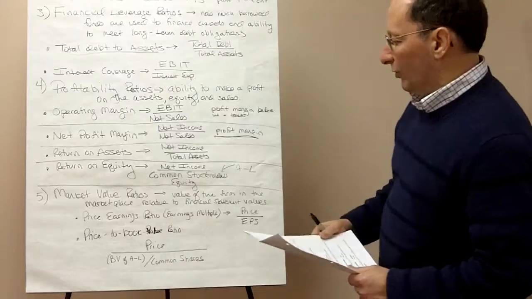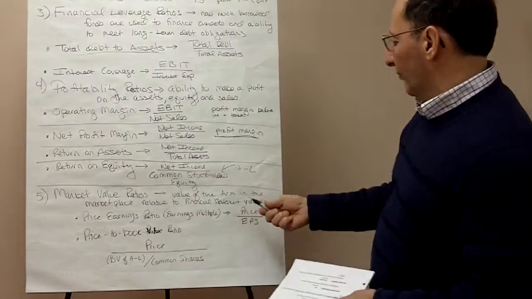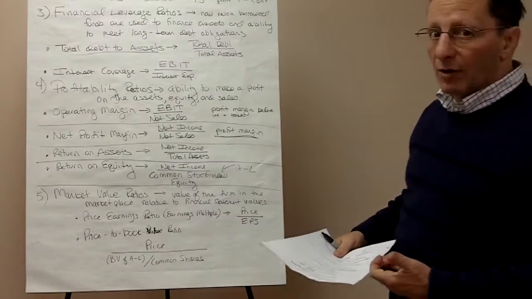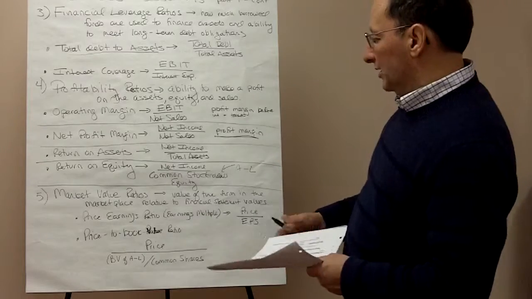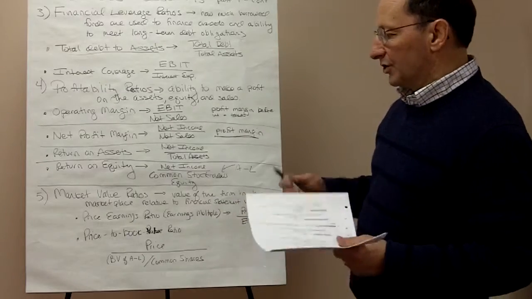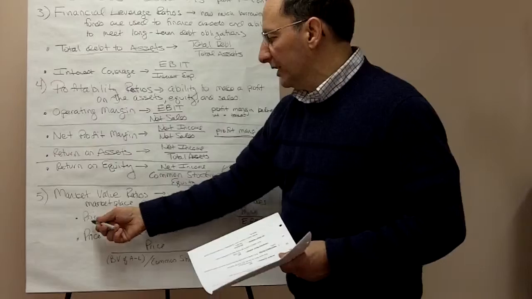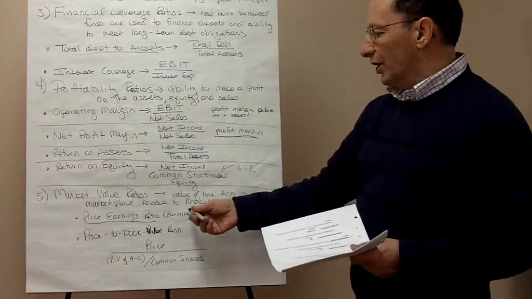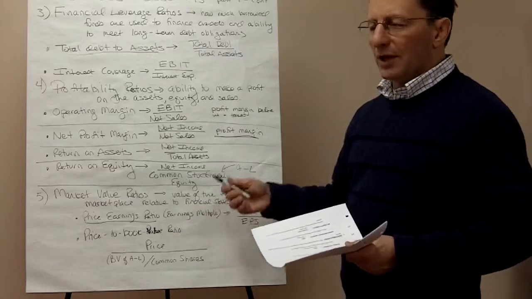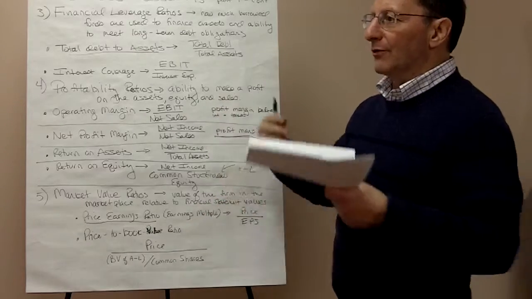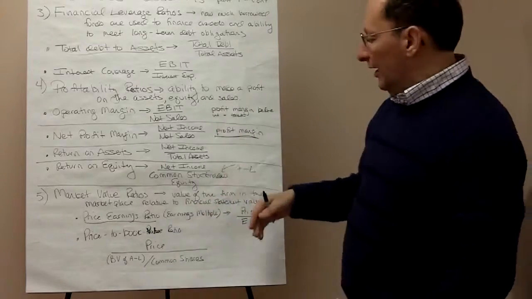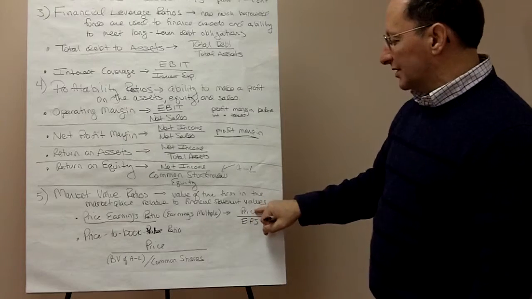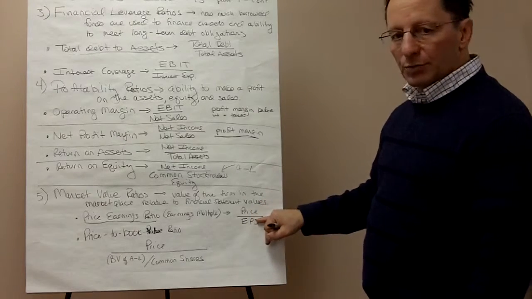The market value ratios measure the value the firm has in the stock market relative to its financial statement values. So we have the price-earnings ratio, a very important ratio, which we also call the earnings multiple. How many times are you paying for the earnings of a company? That means the price divided by your earnings per share.